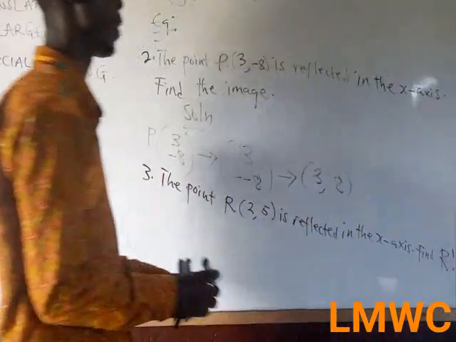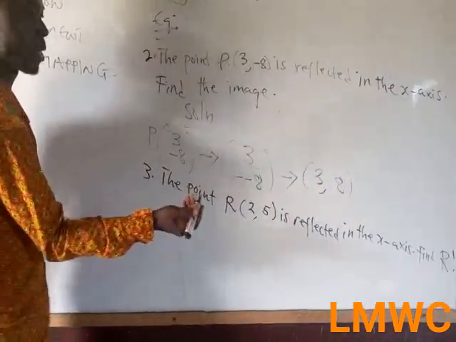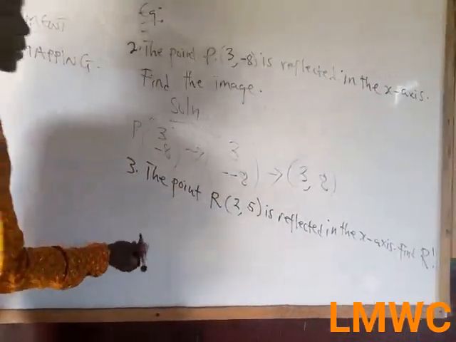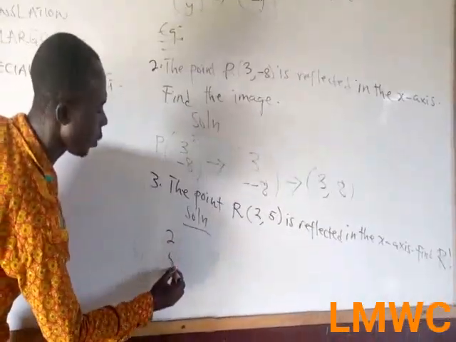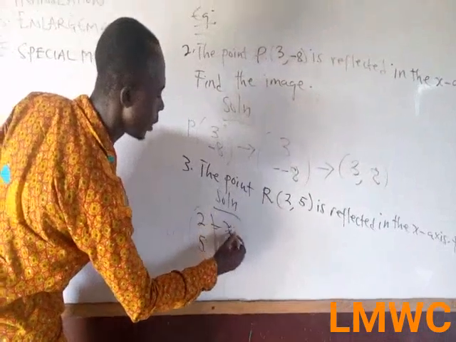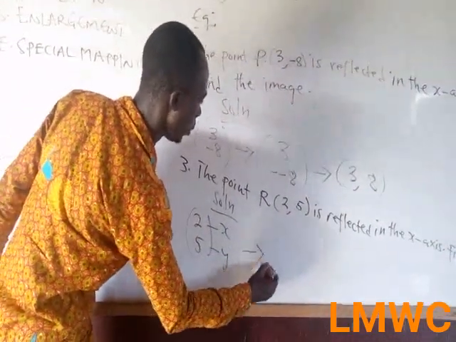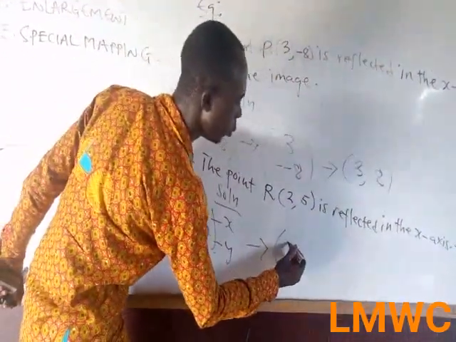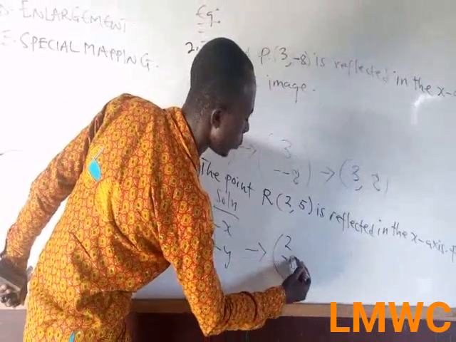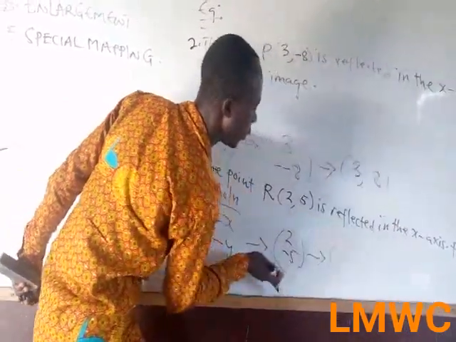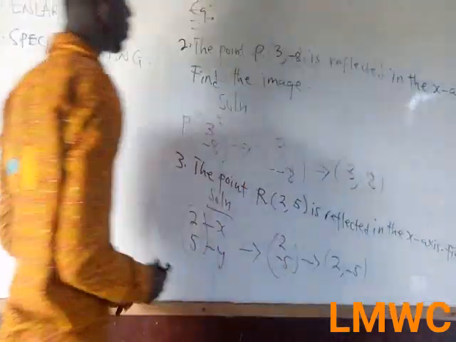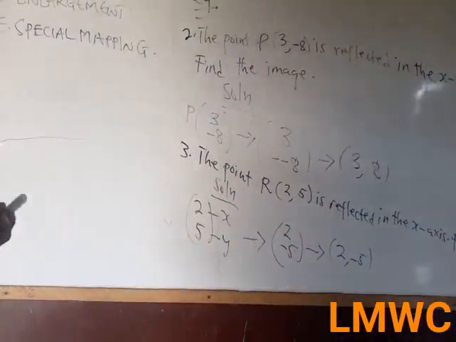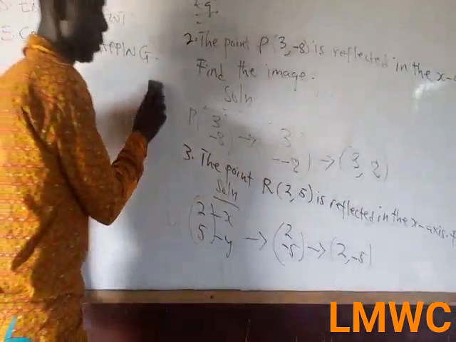It's the same as find its image. So reflection in the x-axis, y is negative. (2, 5). We know this is x and this is y. So it becomes (2, -5). We negate y. Leaving it in coordinates, it becomes (2, -5). So I'm done with reflection in the x-axis.